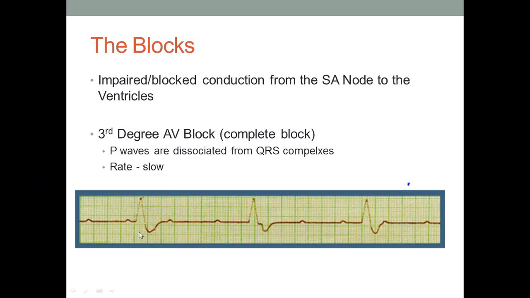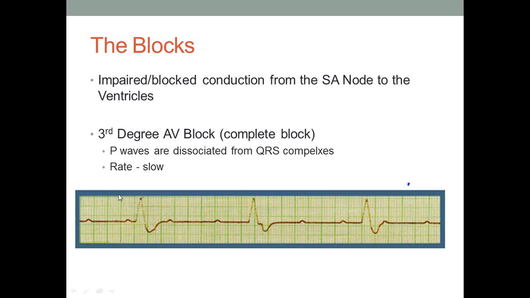And then the ventricles are contracting very slowly. So the atria are not causing the ventricles to contract in a third degree block. The atria are contracting based on their pacemaker cells, and the ventricles are contracting based on their own pacemaker cells. So these are completely separate systems, but they're happening at the same time.